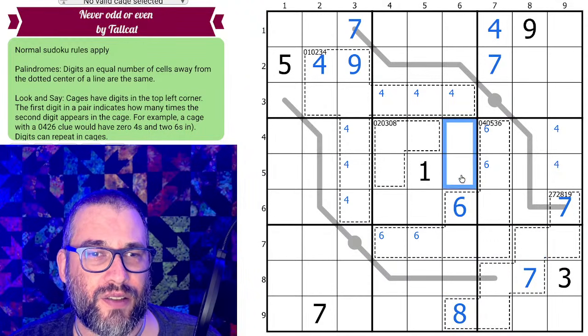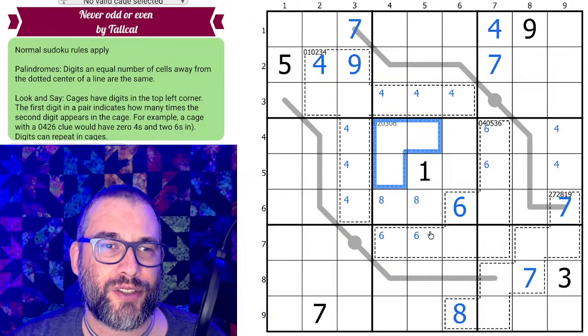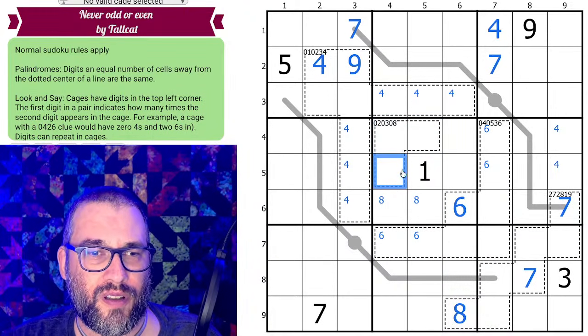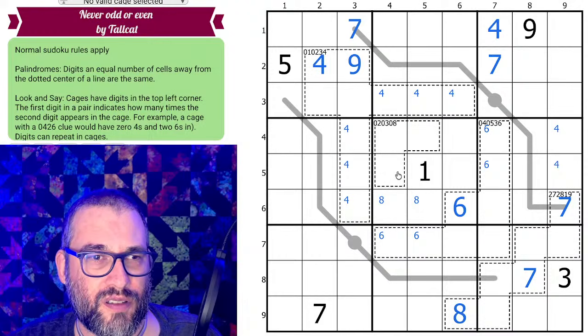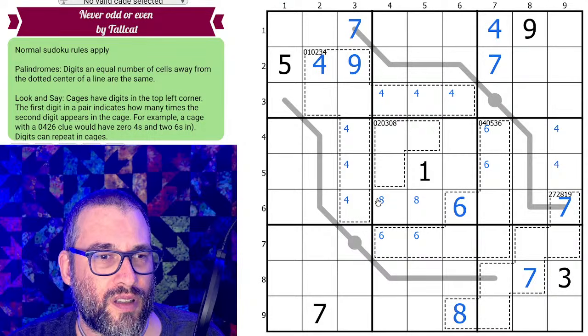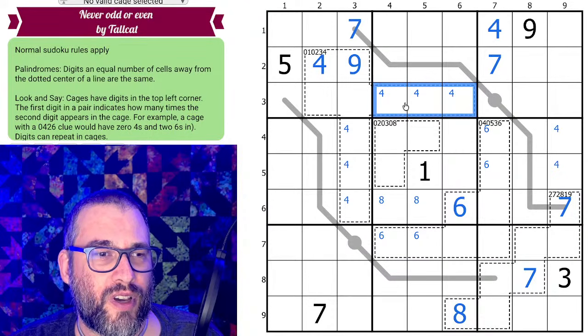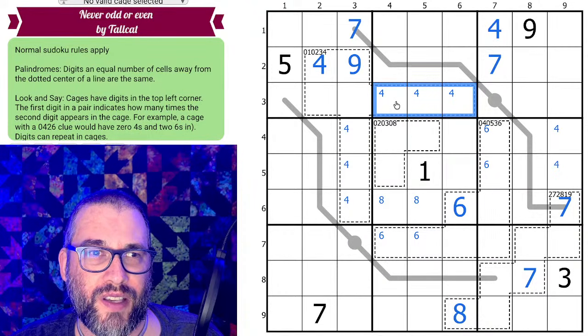This 8 does look up and give us a horizontal 8 here, thanks to that cage. Oh, J Dyer says this is just a 479 triple, which it sure is.